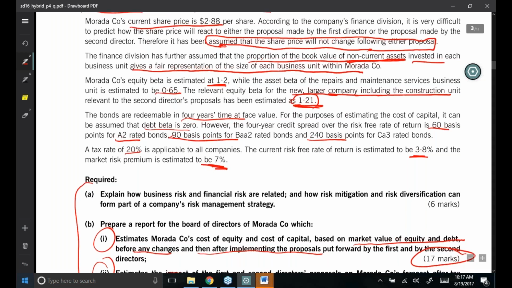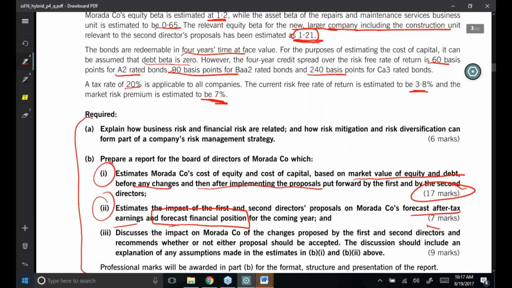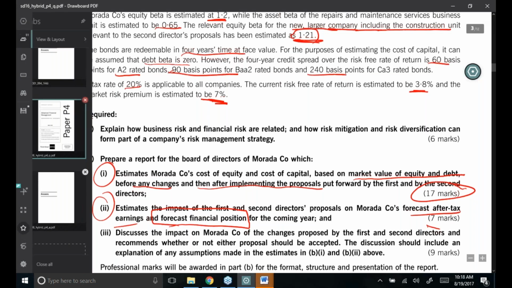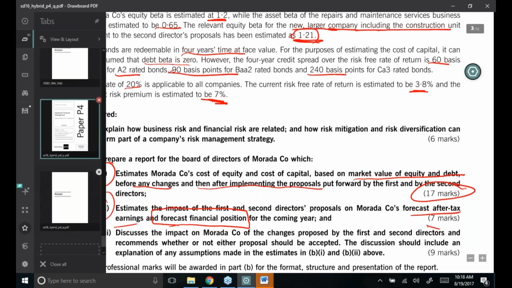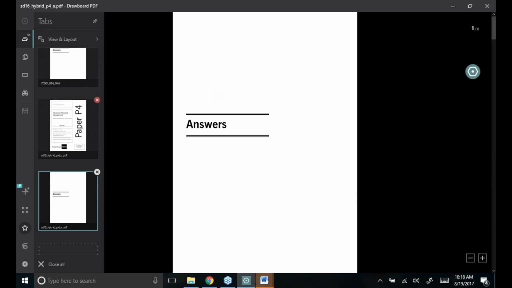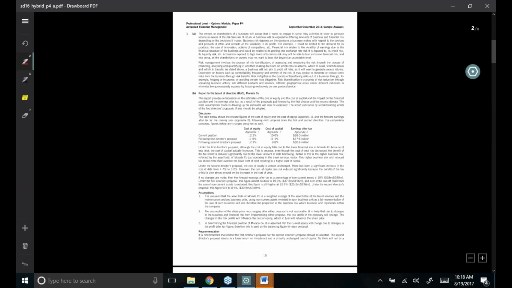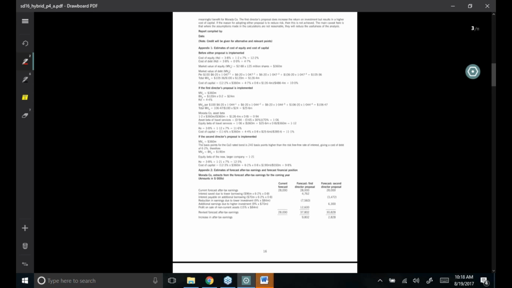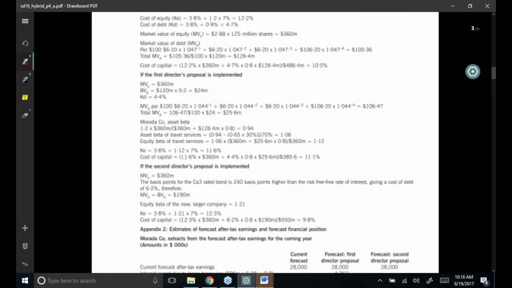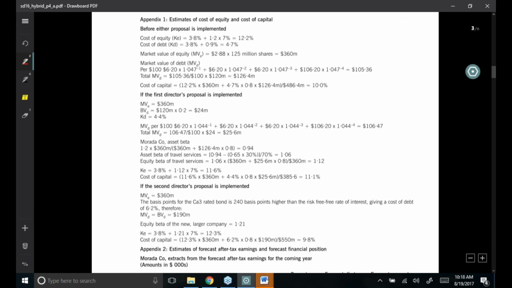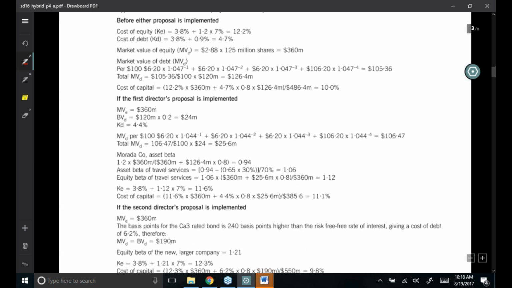So let's solve the very first part of part B. Okay, this is the answer.